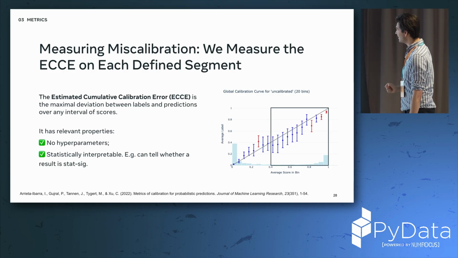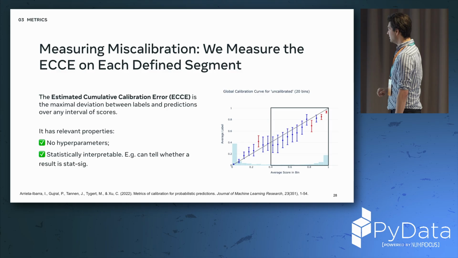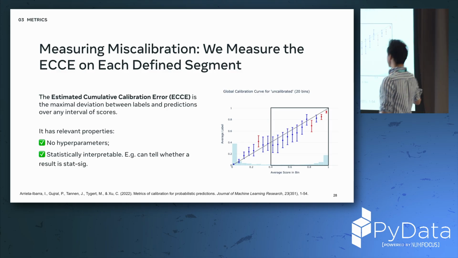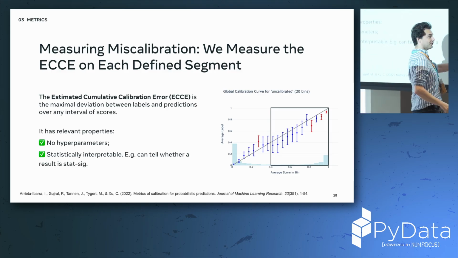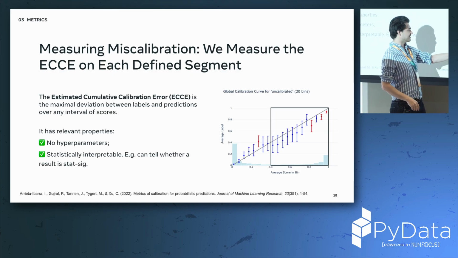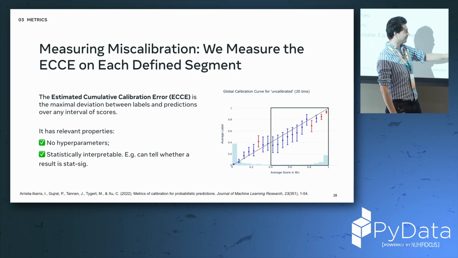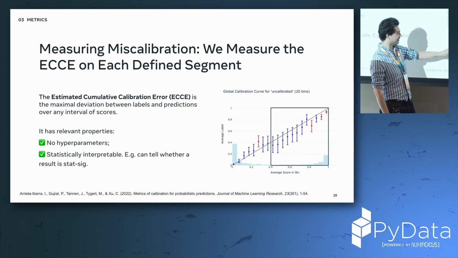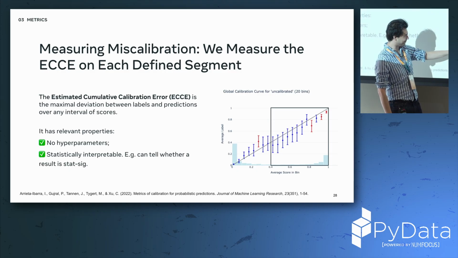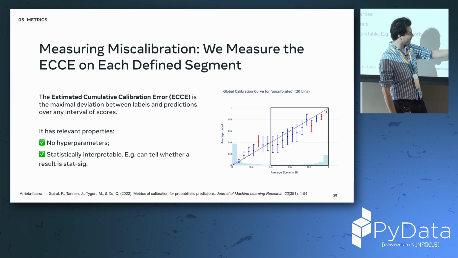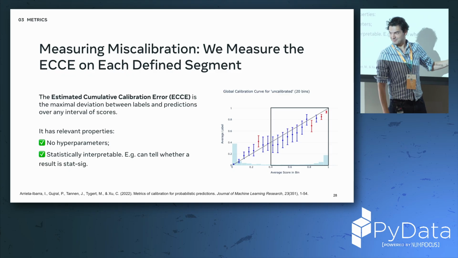What expected calibration error does is, if these are the outputs of the model, it bins the scores into groups of equal size. So you may have 0 to 0.05, then 0.05 to 0.1, then 0.1 to 0.15, and steps like this.